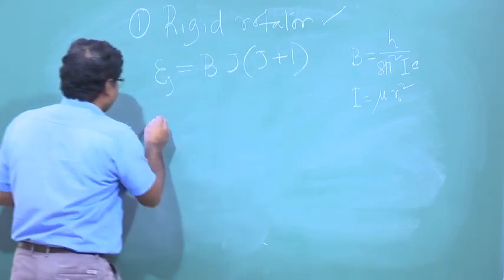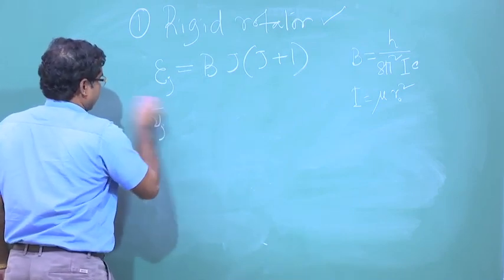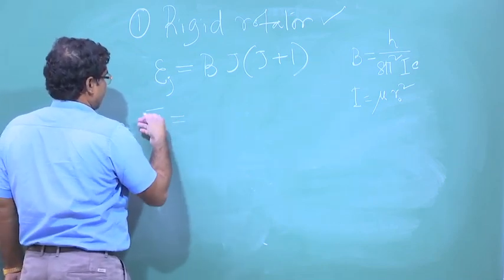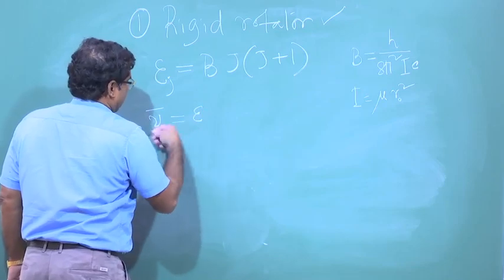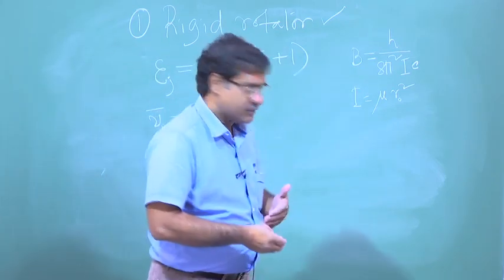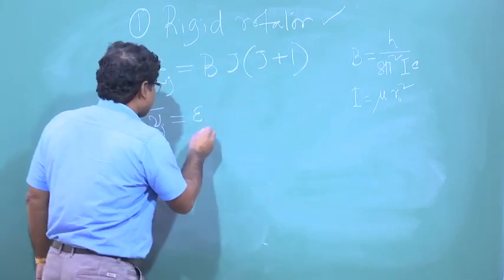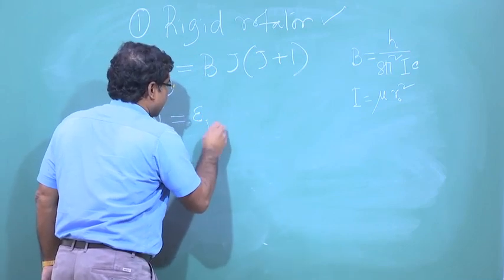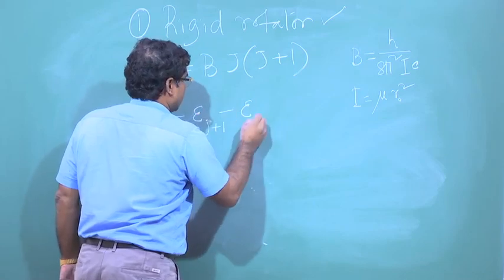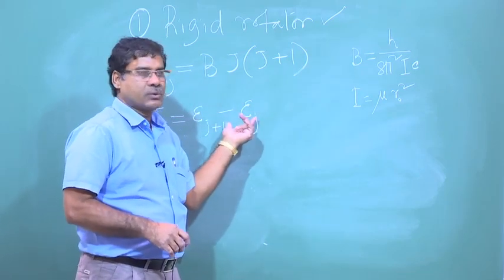if I calculate nu j bar, that is basically the transition from one rotational state to another rotational state, between j plus 1 and j.